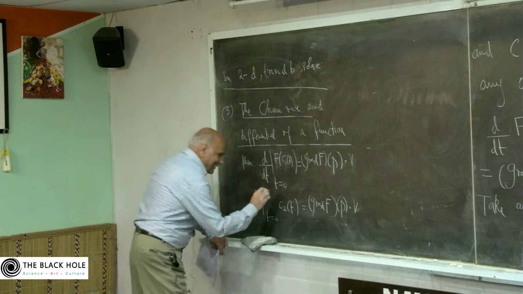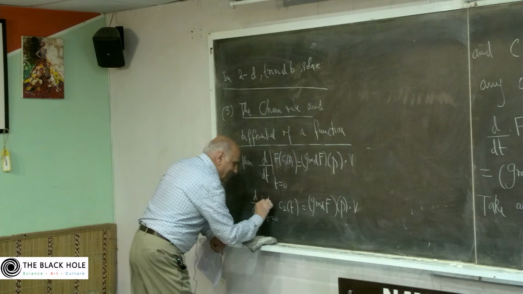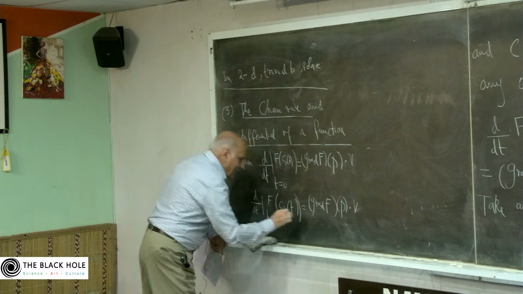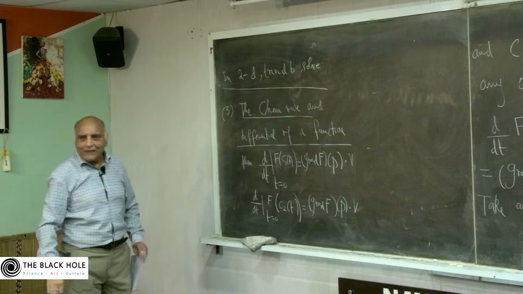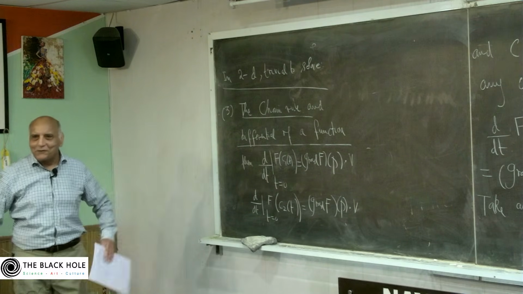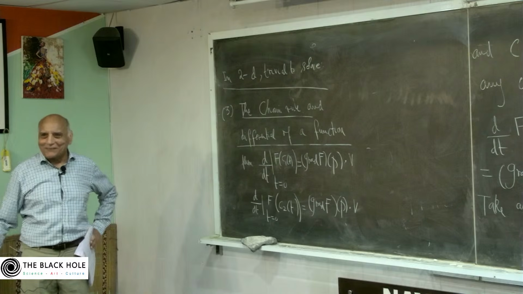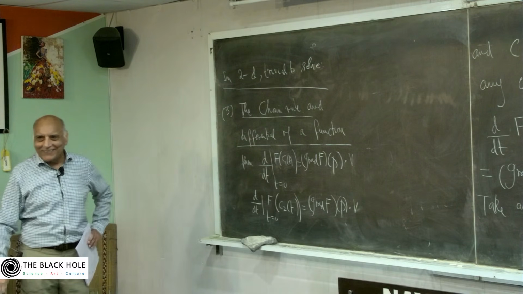And the f of C2t is equal to gradient of f at p dot v. Okay, no doubt you were looking with blank faces because it was nonsense, right?